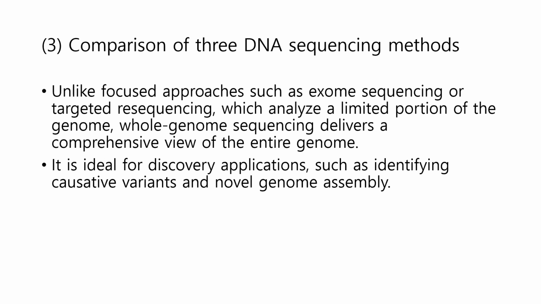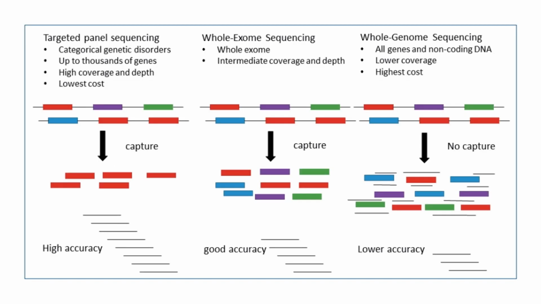We can compare three DNA sequencing methods: whole genome sequencing, whole exome sequencing, and targeted sequencing. By comparing the benefits and limitations of these methods, we can apply one of them to your study.